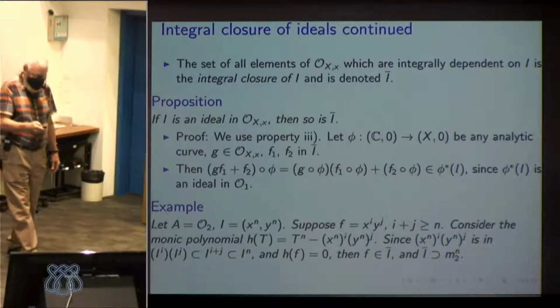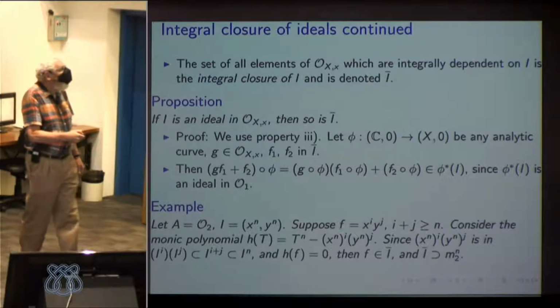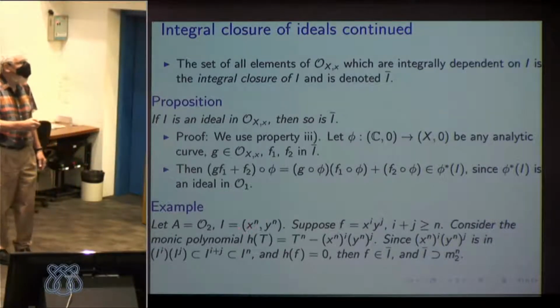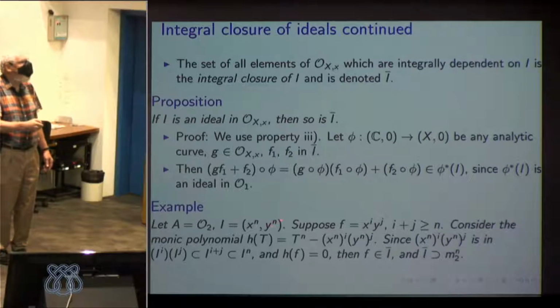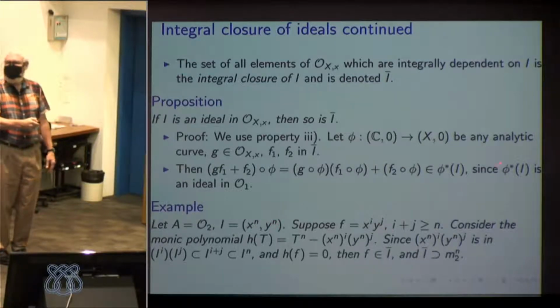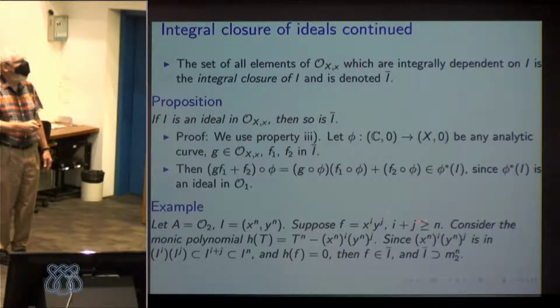Here's another example. Supposing we have the ideal that is generated by x to the n and y to the n. And supposing we have any monomial x^i y^j where i plus j is greater than or equal to n. So now I'm going to write down a monic polynomial, which for this f is going to be 0. So we just look at t to the n, x to the n times i, y to the n times j, using these exponents.